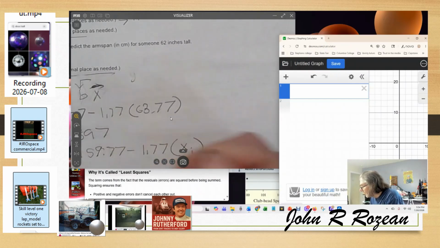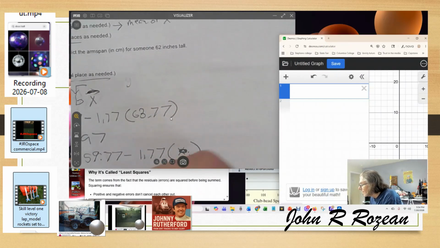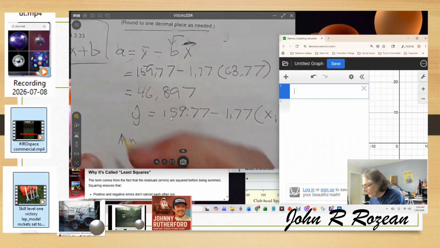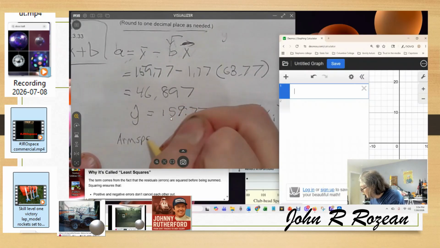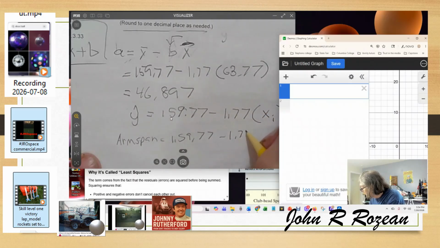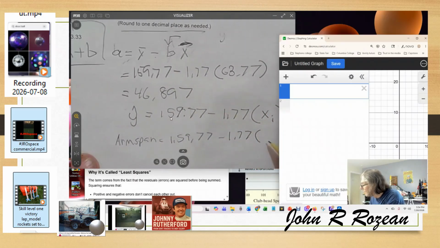Which is the same thing as saying we're predicting arm span, right? Arm span. And here's our y-intercept. And then we're putting in height.